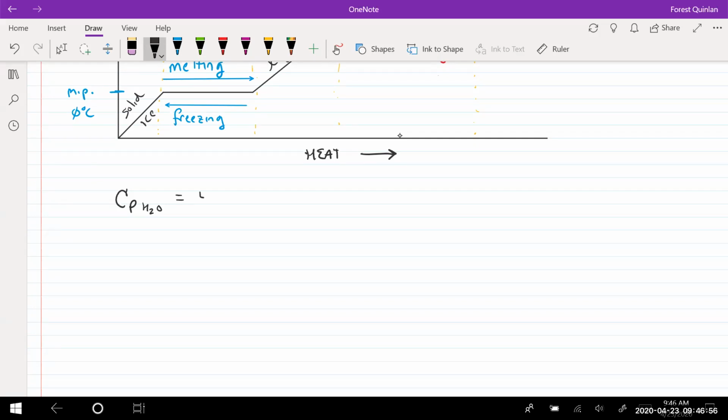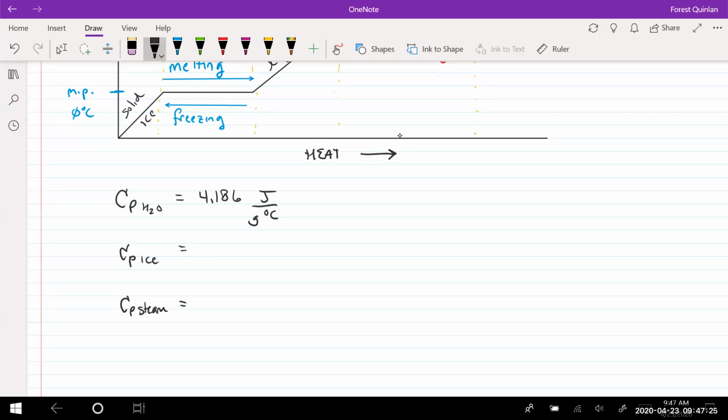Can you look up, because I'm switching all these, so that's going to be joules per gram degrees Celsius. Can you look up the heat capacity for ice and the heat capacity for steam? Google probably tells it to us faster.